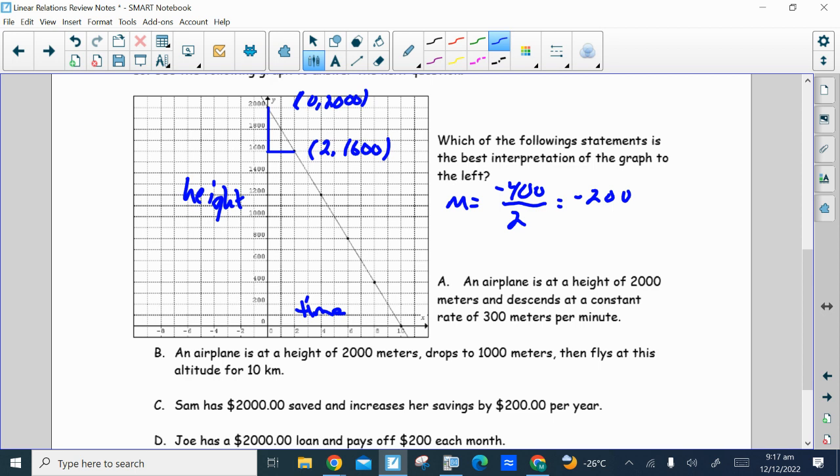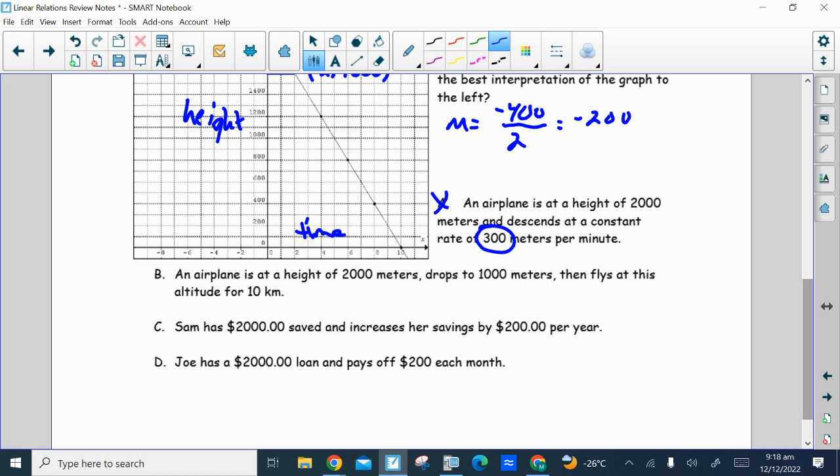That means that it's descending at 200 meters per minute, where statement A is saying 300 meters per minute. So it's not that one because this number is wrong. From the graph, if we're talking about the height of an airplane changing, it's changing by 200 per minute. So that's why A is not correct.